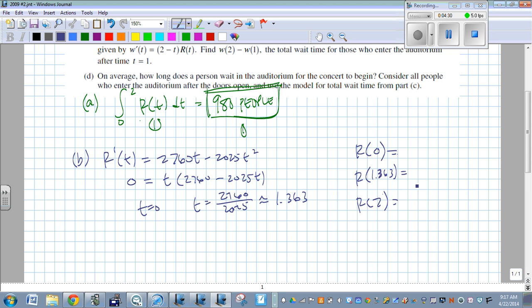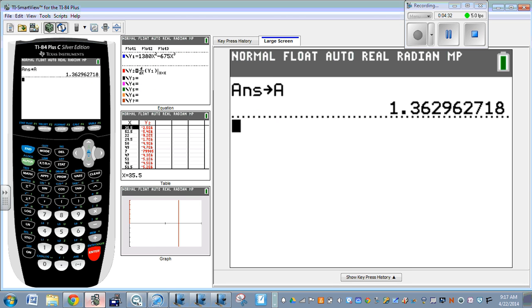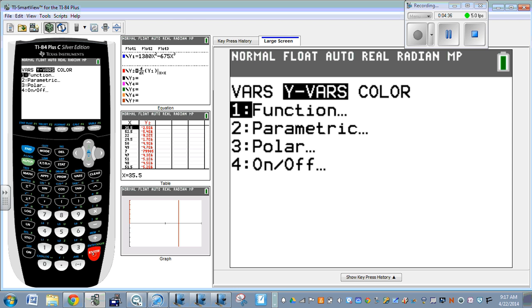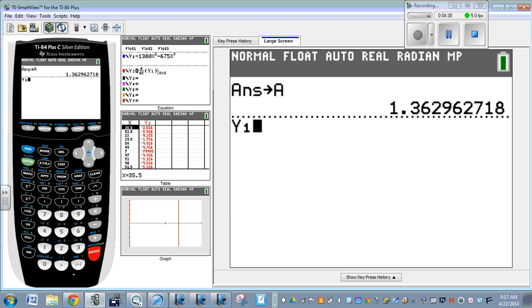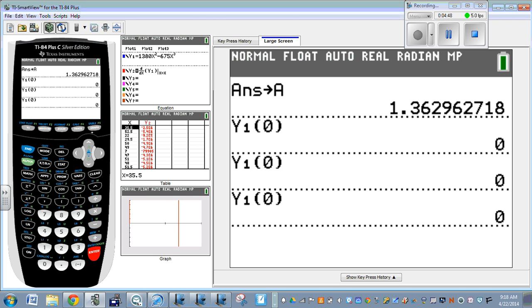And again, we can use our calculator to our advantage for this. I'm going to do vars, y sub 1, and I'm going to have the calculator put 0 into that function. If I hit second enter, oops, whoa, calculator's going crazy. Hit second enter, I can go back and edit this and put in A. Right?